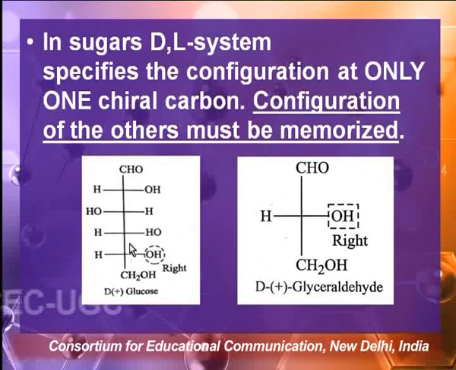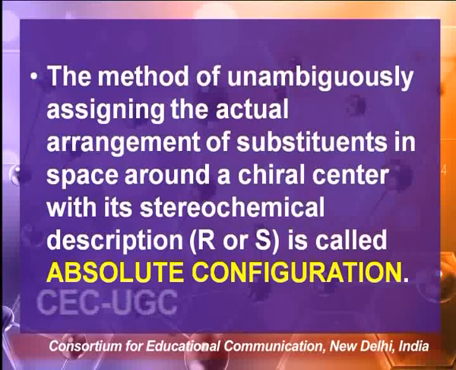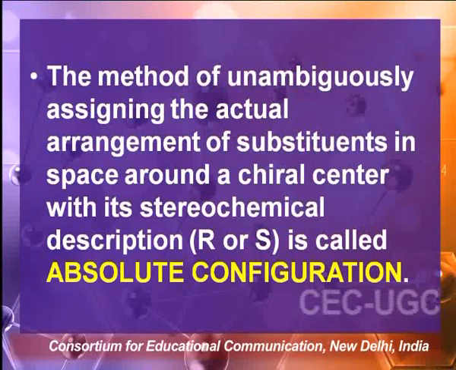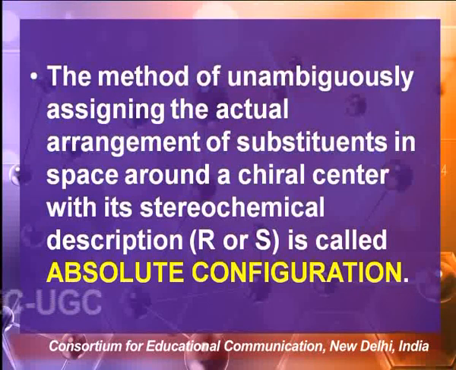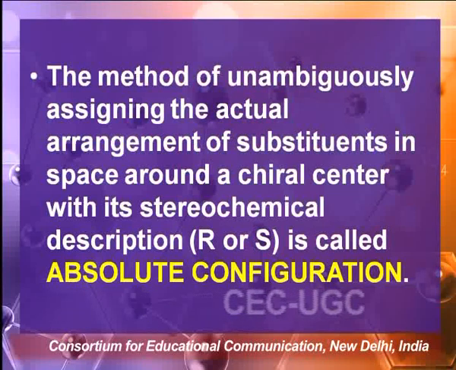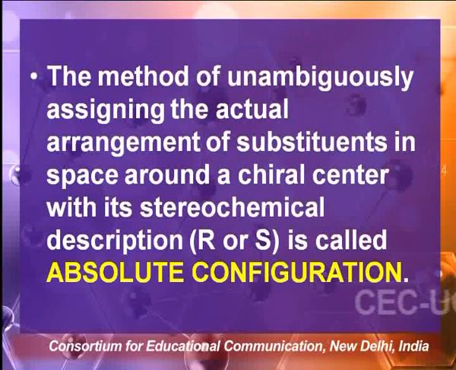So a new method, that is the absolute configuration, has to be followed. Why do we have to follow absolute configuration? Because this method of unambiguously assigning the actual arrangement of substituents in space around a chiral center with its stereochemical descriptors R or S is called the absolute configuration.